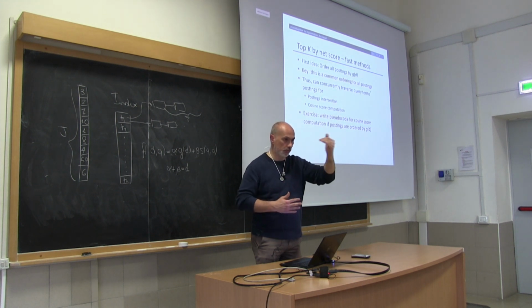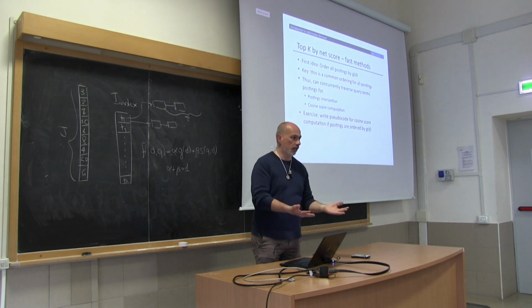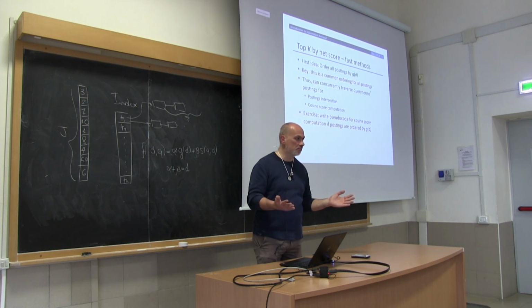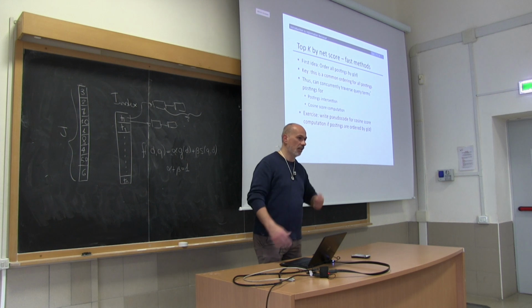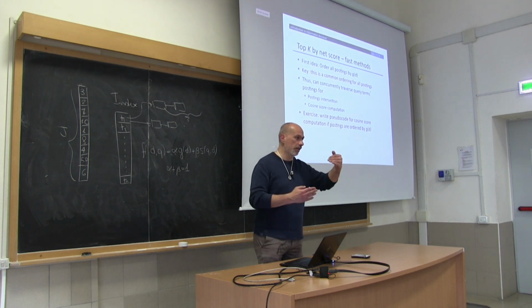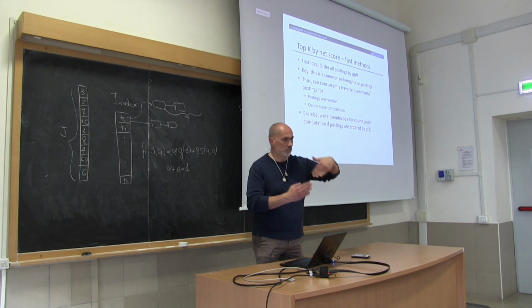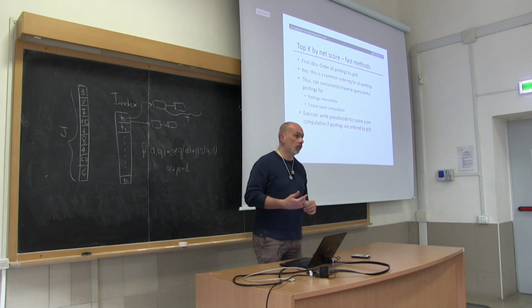Okay, that's the end of your posting list. And then you check, do I have at least K results or not? If you have K results, you are done. You compute the top K, and then you return your results. If you are not done, because you have less than K results, you can proceed a bit further, on the fly.